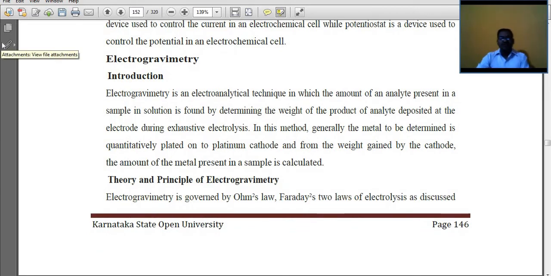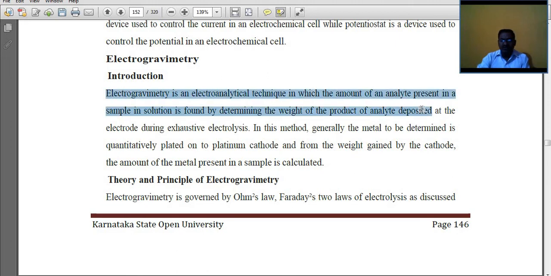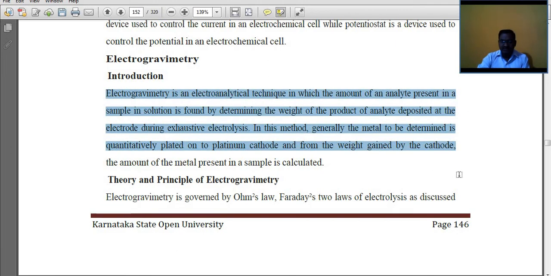Now electrogravimetry. The electrogravimetry is an electroanalytical technique in which the amount of an analyte present in the sample in solution is found by determining the weight of the product of analyte deposited at the electrode during exhaustive electrolysis.